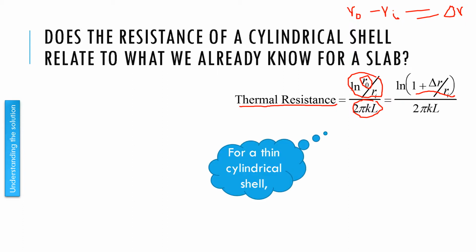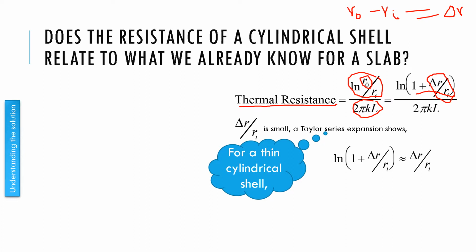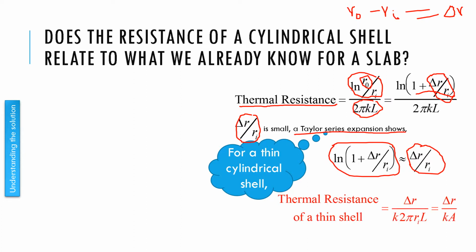For a thin cylindrical shell, when the shell is thin, this quantity delta R over Ri is small. When delta R over Ri is small, a Taylor series expansion gives us natural log of 1 plus delta R over Ri, that's the numerator, to be equal to delta R over Ri.